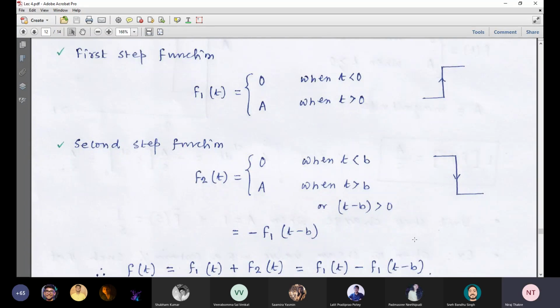My question is now to find the Laplace transform of this f(t). Let me know the expression for f bar(s). A by s of 1 minus e power minus bs. How are you getting b?